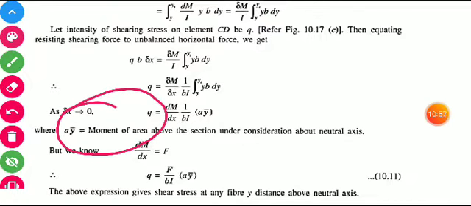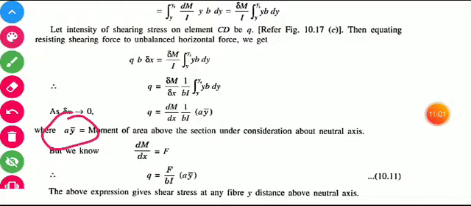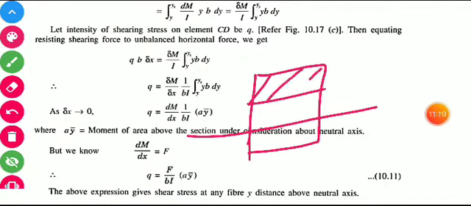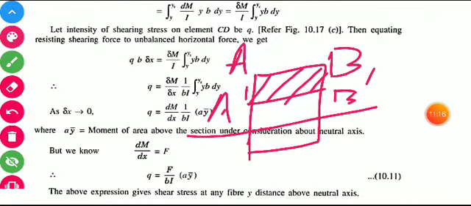And what is the term y bar? Y bar is the CG for a particular section. Suppose this is the neutral axis and I consider one section A B B' A'. From this, the CG of this particular section A'B' to the neutral axis is our y bar.